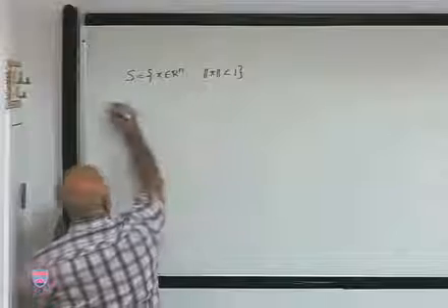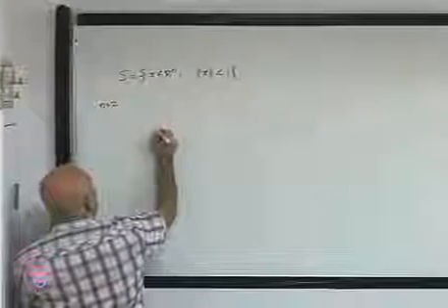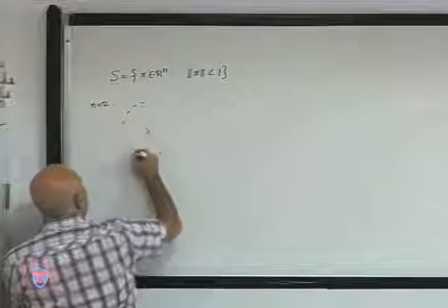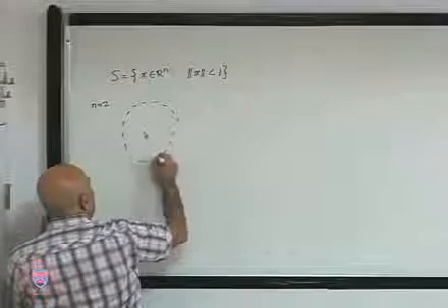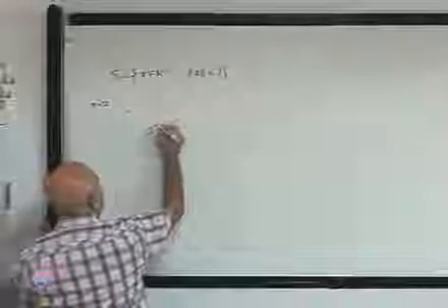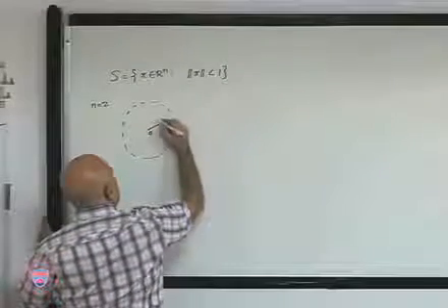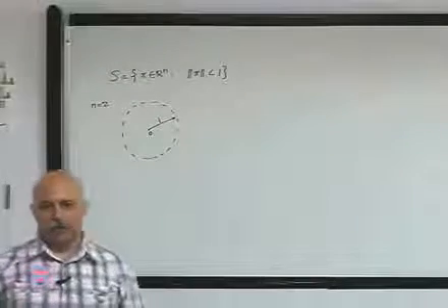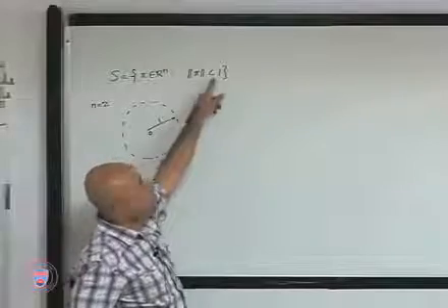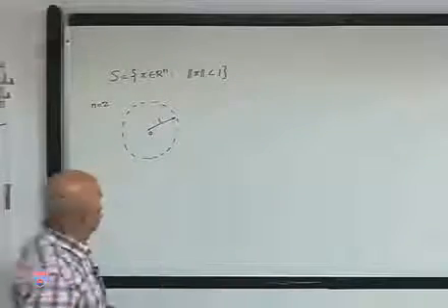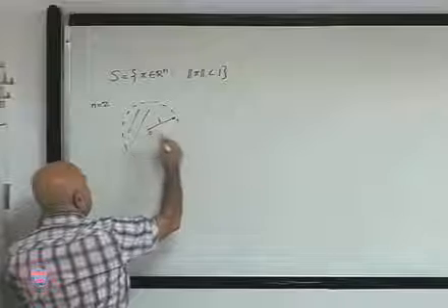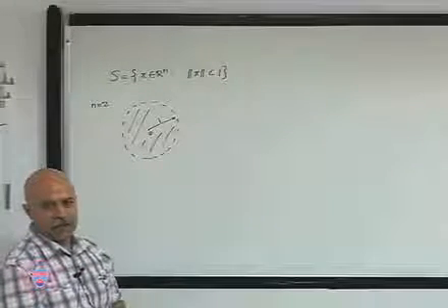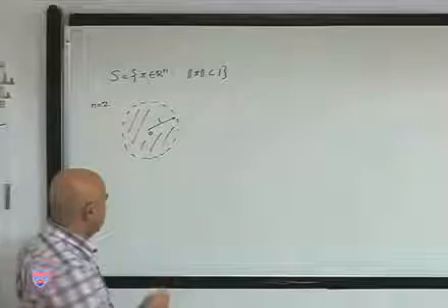But if you take n equals 2, for example, this is the origin, it will give you a disk around the origin whose radius is this constant 1. Except that the points on the boundary are not included because we've got a strict inequality here. So we're talking about the interior of the disk shown in the picture. Is that a convex set? The answer is yes, by inspection it is convex.